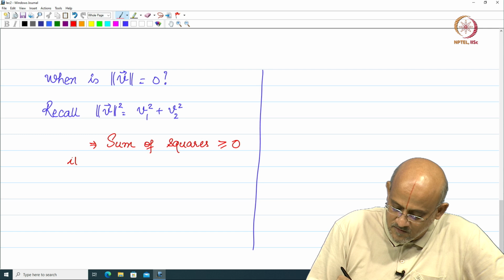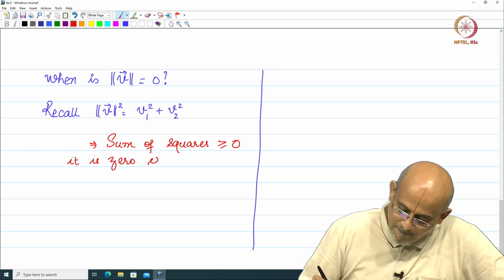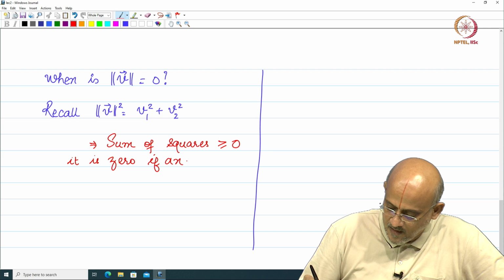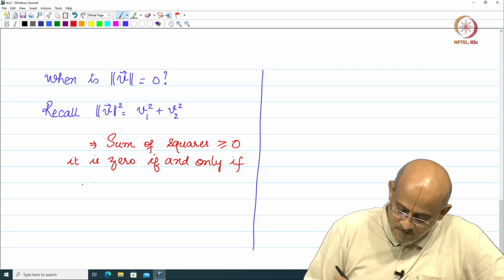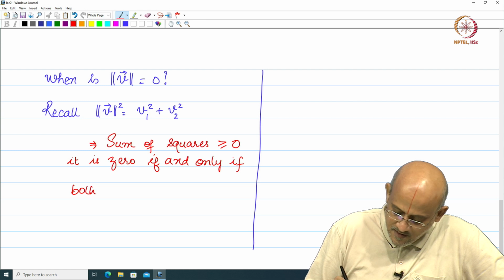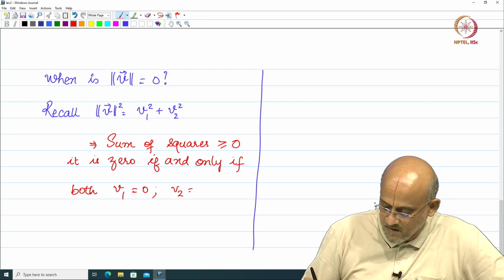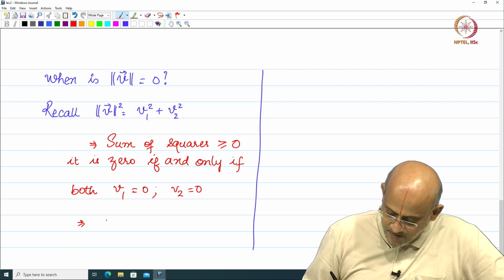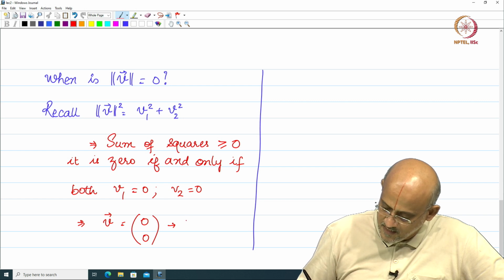It is 0 if and only if both v1 and v2 are 0. What does this mean? This means the vector v has both its components equal to 0, in which case it is called the 0 vector.